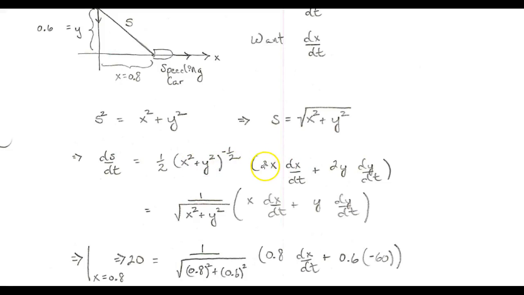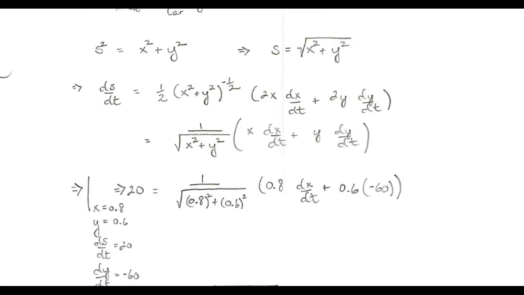The derivative of x squared is 2x times the derivative of the inside, which is dx/dt. The derivative of y squared is 2y times dy/dt. So this 2 would cancel with these two 2's, so I'm just dropping those. Then I have 1 over the square root of x squared plus y squared, because that's what x squared plus y squared to the minus 1/2 is, times x dx/dt plus y dy/dt.